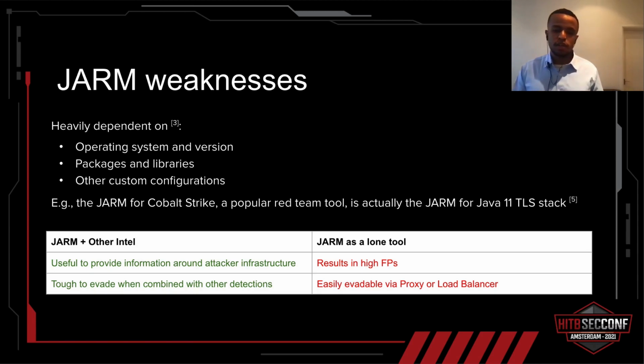So while it's not completely trivial to get a new JARM fingerprint, as opposed to mechanisms like the user agent string, which is just a header in the request you can change, JARM by itself is actually not bulletproof as well.